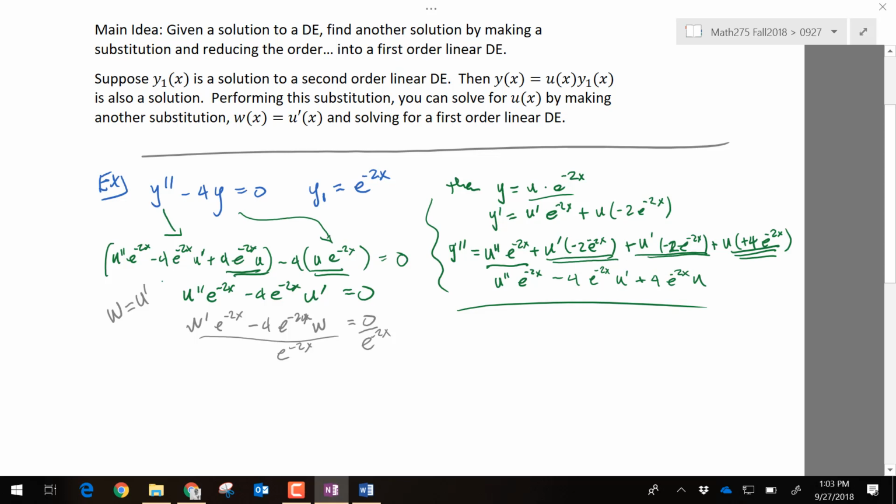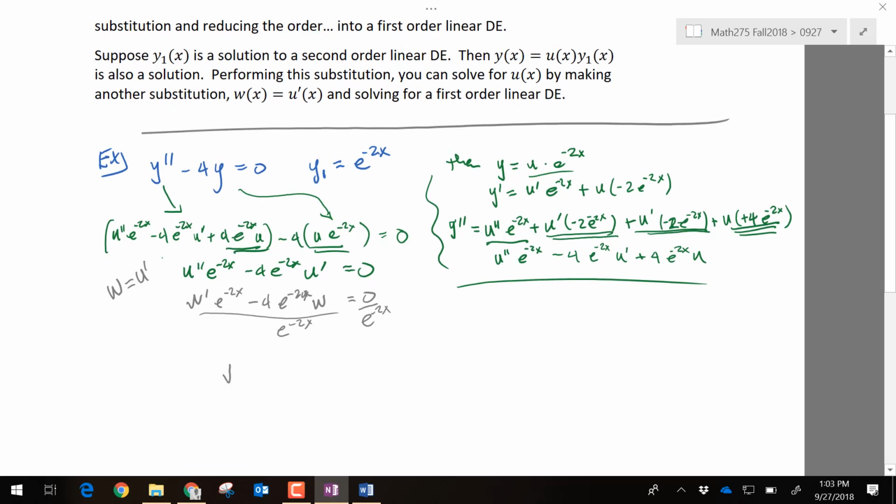And then I'll just get w prime minus 4w equals 0. That's easy.